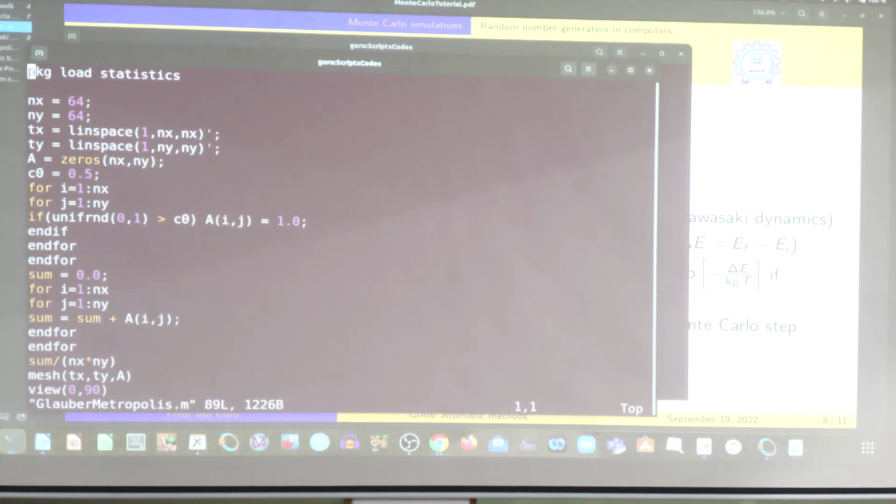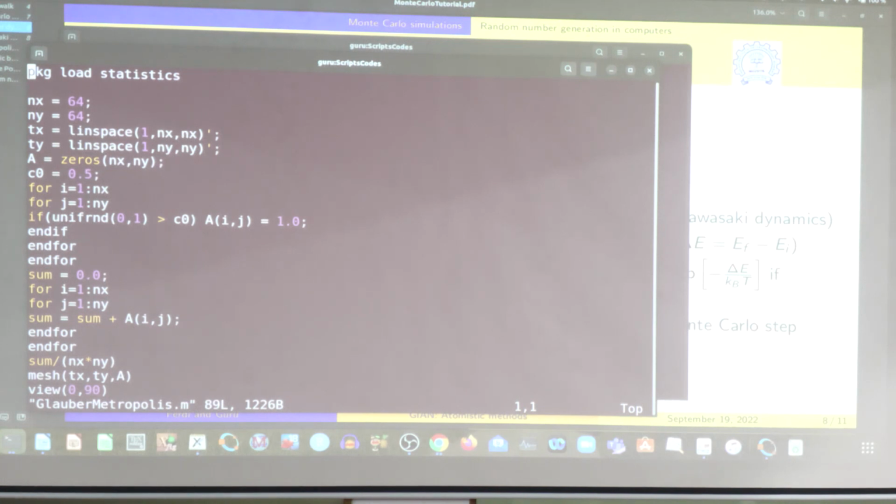Okay. Linspace in Octave is basically a vector. So, you can think of it as I have a matrix, I have labeled the top and I have labeled the side, that is what they are. Then I am creating a matrix A which is filled with zeros, of the size nx by ny.